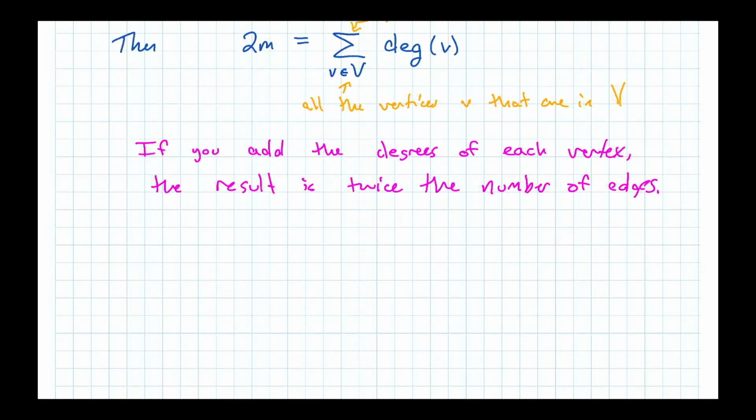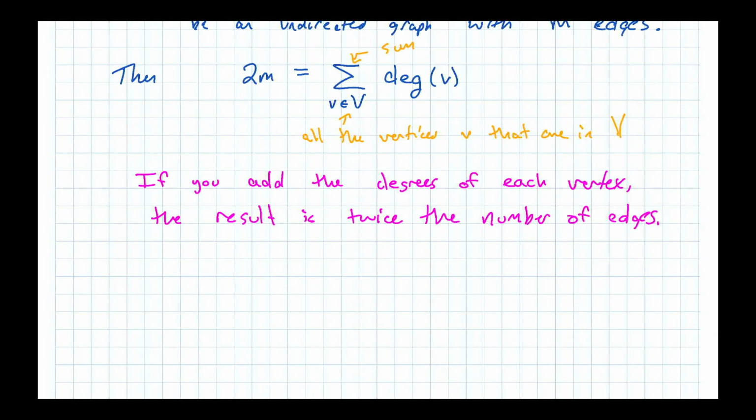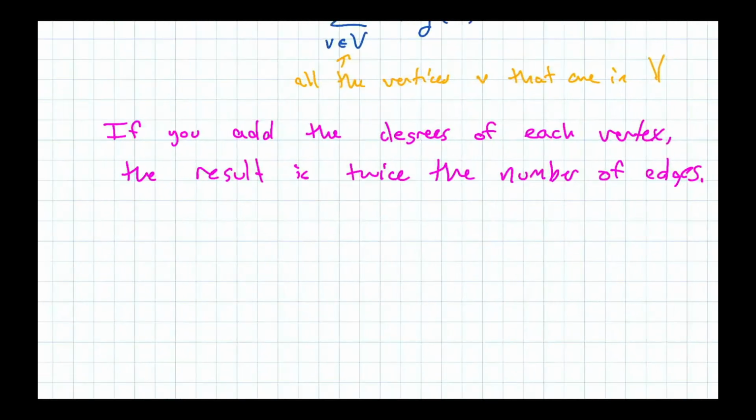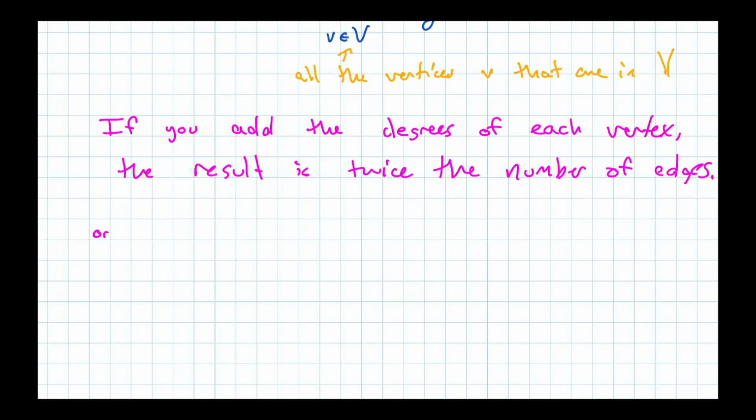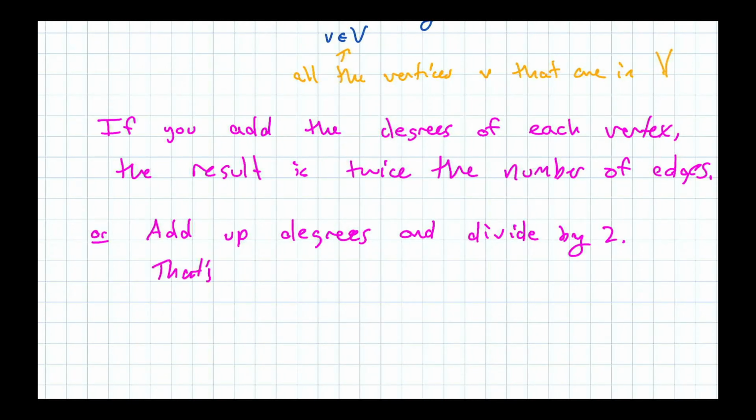Or you could say that a different way as well, right? If you double the number of edges, or yeah, I don't know. You could say it this way too: add up degrees and divide by 2, that's how many edges there are. Right, so there are lots of ways to say it.